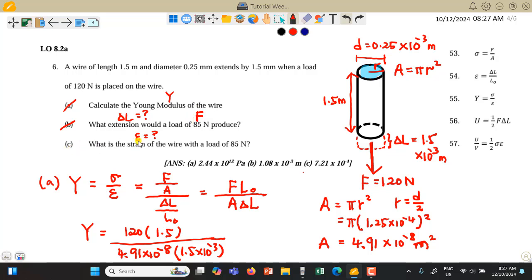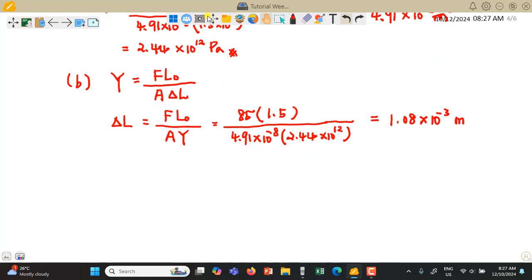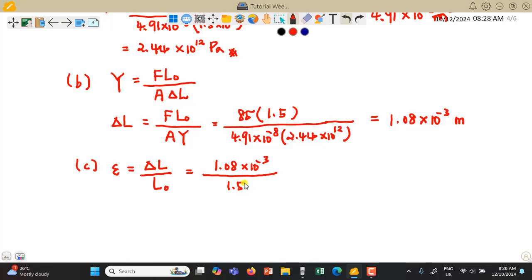We can calculate the strain by taking the extension of the wire divided by its initial length. The extension already calculated in question B is 1.08 times 10 to the power of negative 3. The initial length of the wire is 1.5.